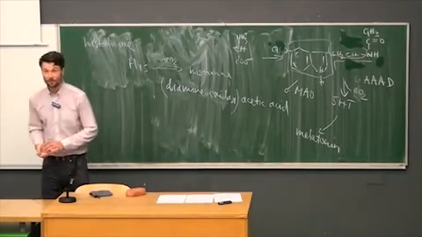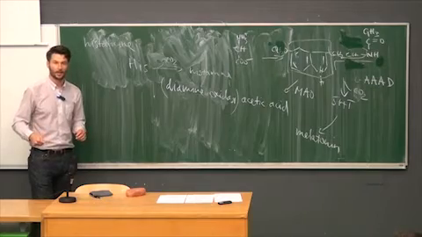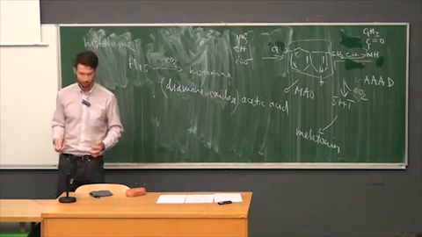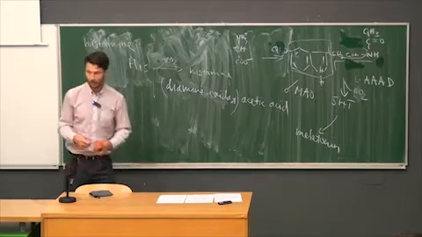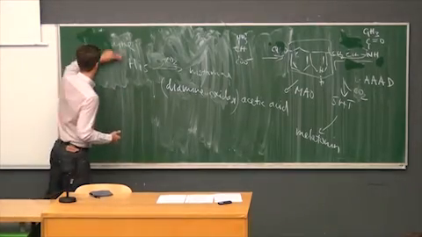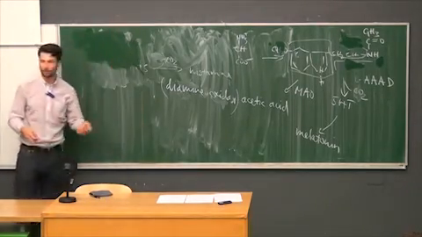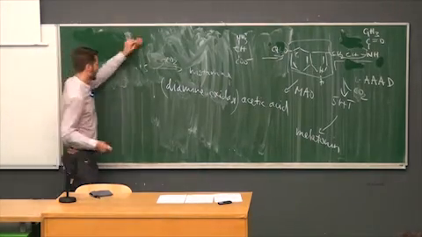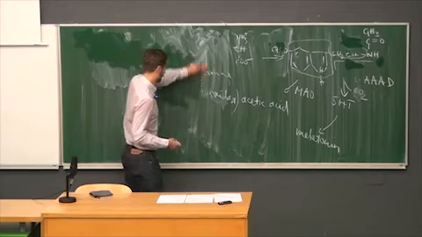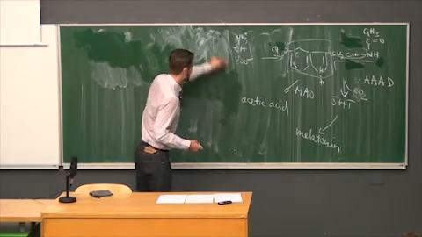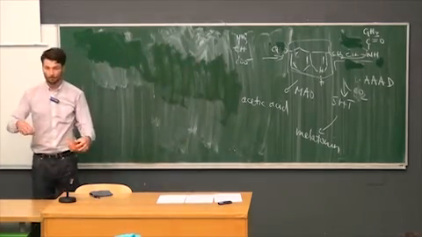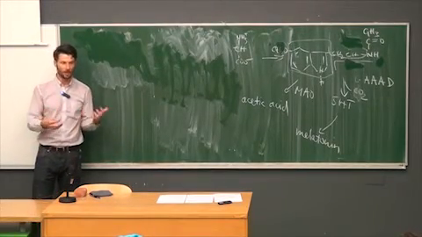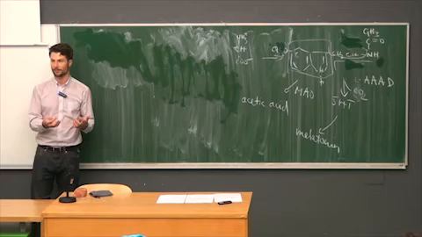The next group of neurotransmitters that I want to talk about are peptides, peptide neurotransmitters. As I said before, unlike all these small molecule neurotransmitters, peptides are synthesized in the cell bodies because they need the nucleus and they need the transcription apparatus that's in the cell body.